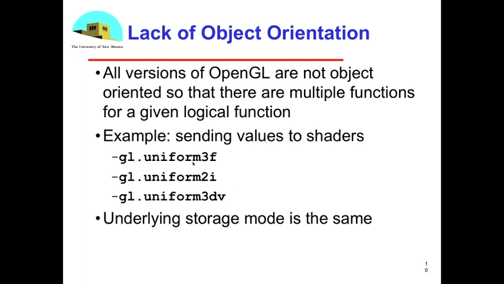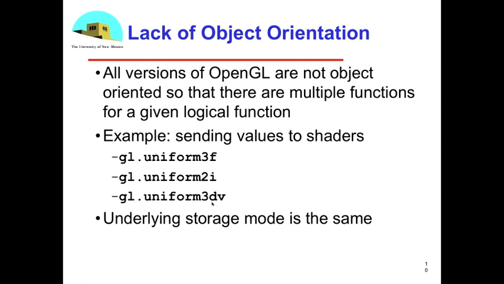So gl.uniform3f will say, I want to send 3 floating point numbers to the shader. Uniform2i will say, I want to send 2 integers to the GPU.